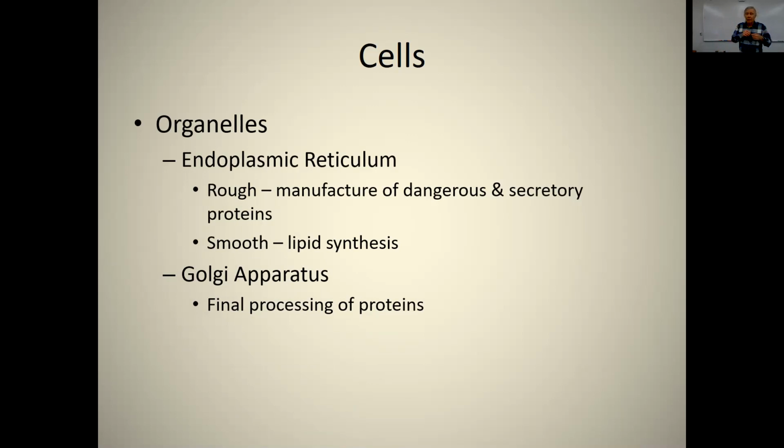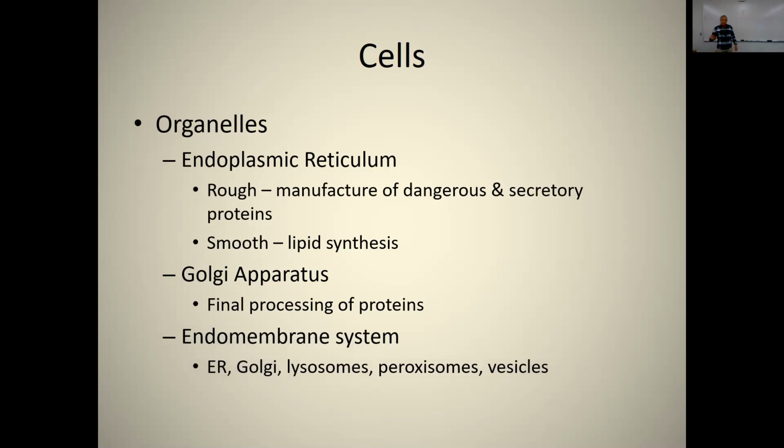And then they can go out of the Golgi apparatus into a lysosome, into mitochondria, into a secretory vesicle, or to the cell membrane and be secreted into tissue fluid, like protein hormones. They're made in the ER, sent to the Golgi, and then pushed out by exocytosis into interstitial fluid, then to the bloodstream to go to distant places.